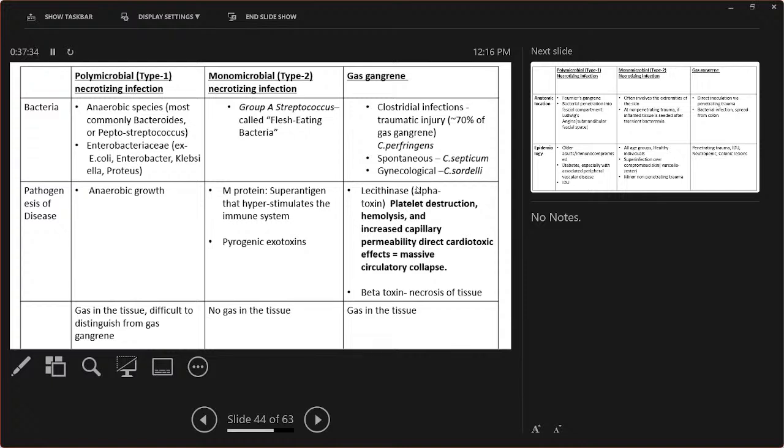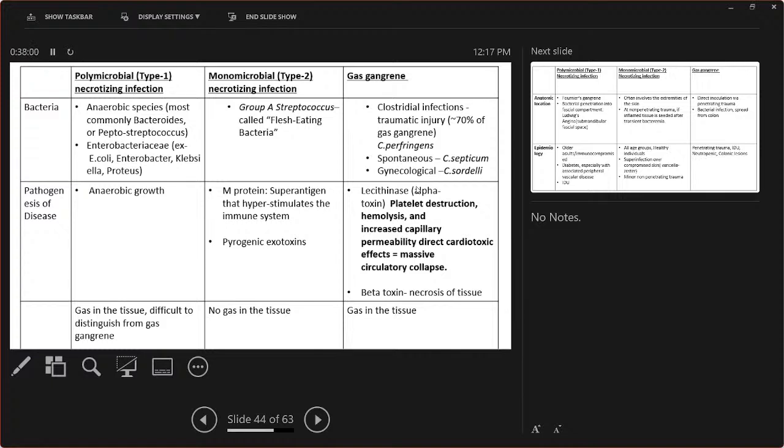In case of gas gangrene, lecithinase, that is also alpha toxin and beta toxin, is the pathogenesis of gas gangrene. Basically, platelet destruction, hemolysis, and action on the capillaries will produce microthrombosis in the soft tissue, creating an anaerobic environment for further development of the bacteria.